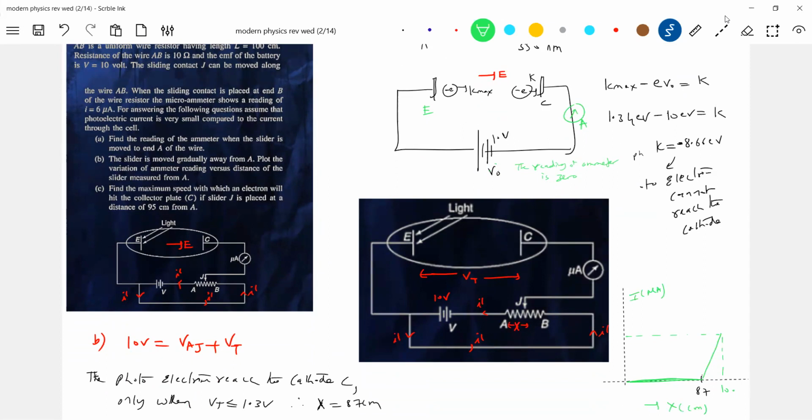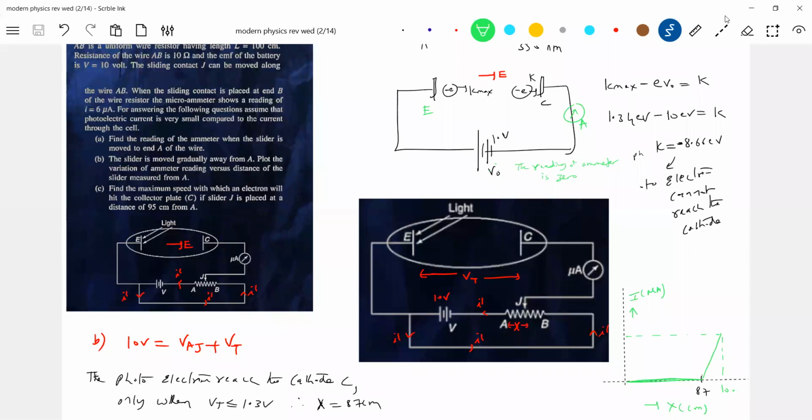The expression for current, this is the current. How will the graph be? Some sort of concave up, sir, because when the length x is 87 centimeters, only the electrons ejected with maximum velocity can reach C, and the number of such electrons is less.